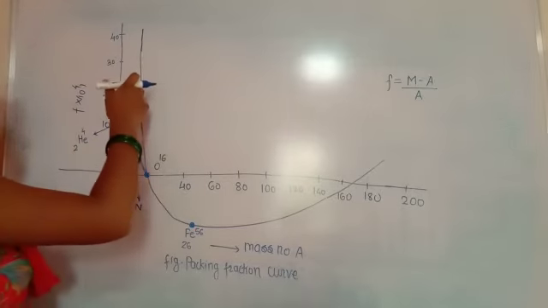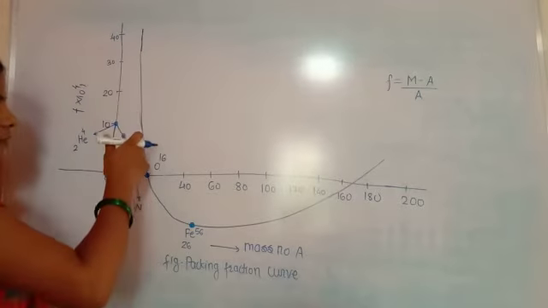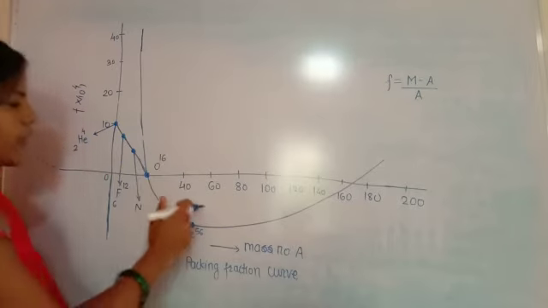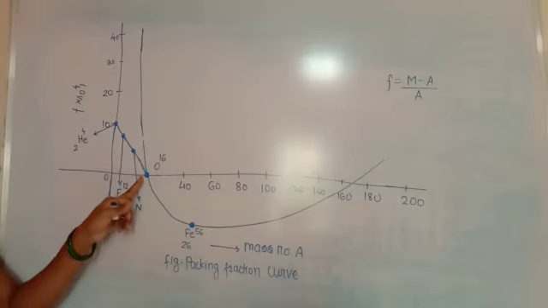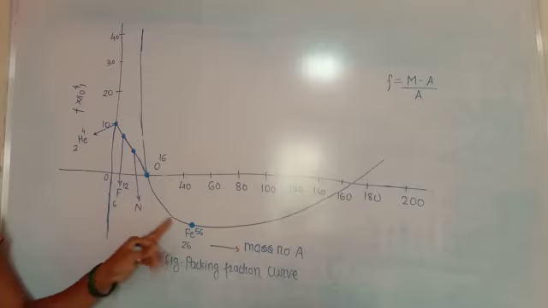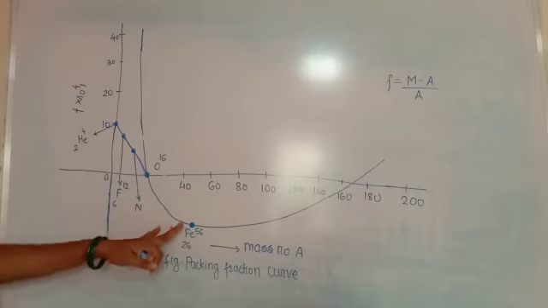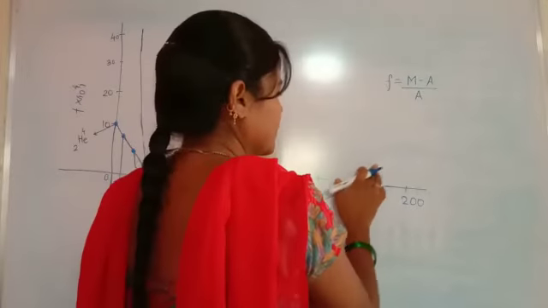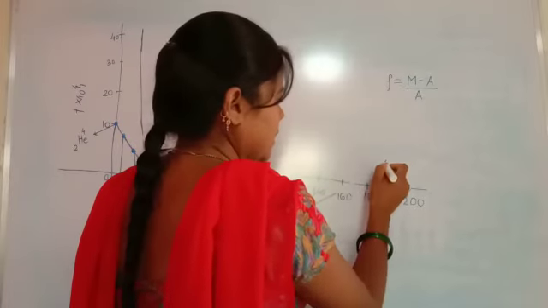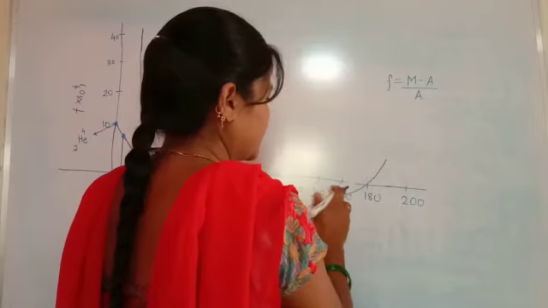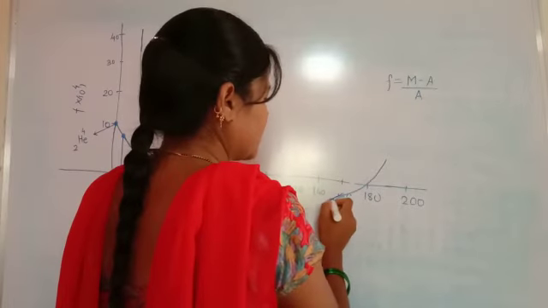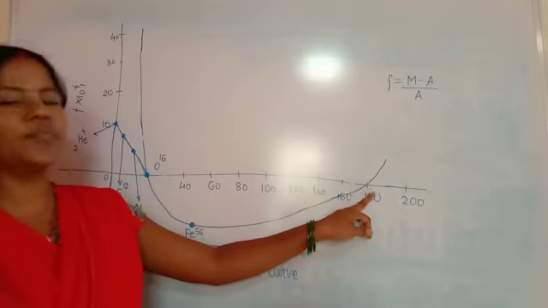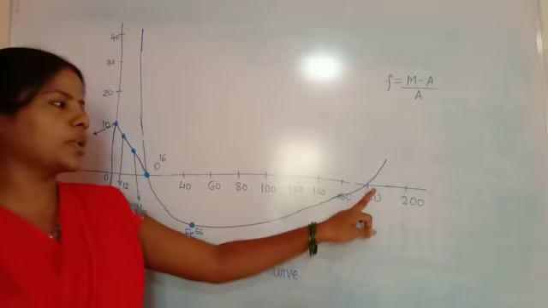It keeps decreasing to negative values, and this continues approximately up to A equal to 180.